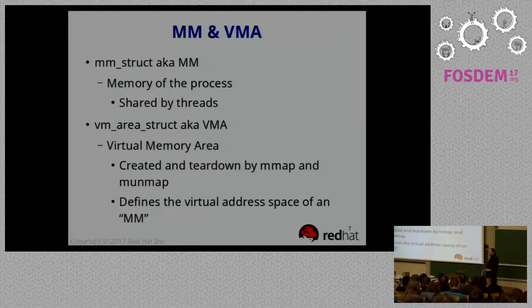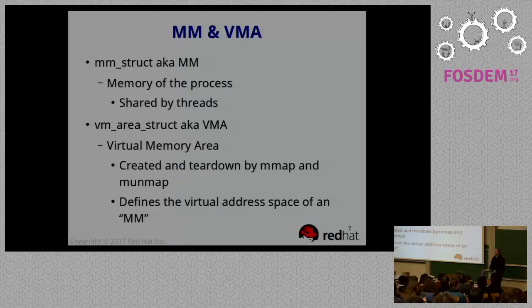So the other important structures are the MM and the VMA. So the MM is describing the process, effectively the memory of the process. So each process has a single MM. And if you have threads, they share the same MM. A VMA structure instead is created and torn down by syscalls like mmap and munmap.